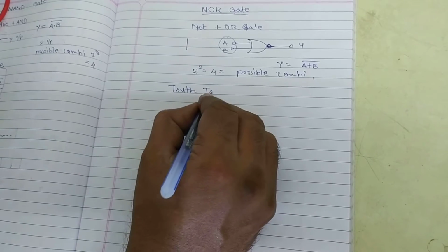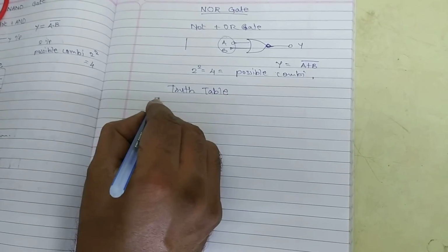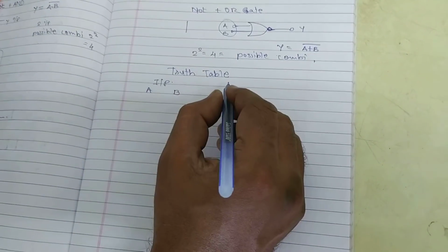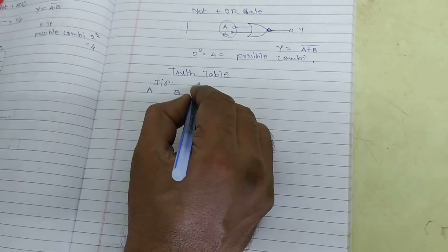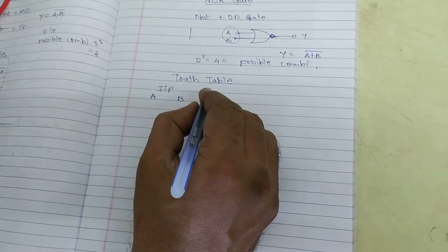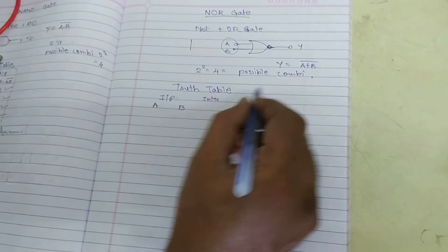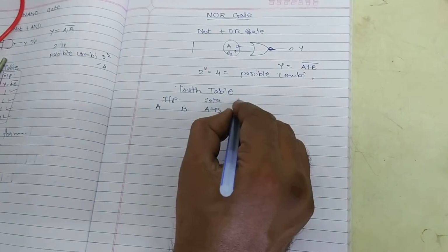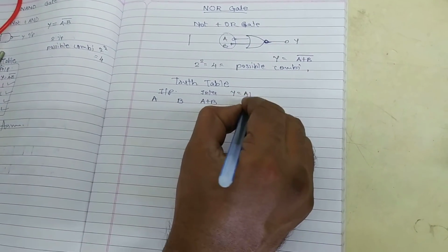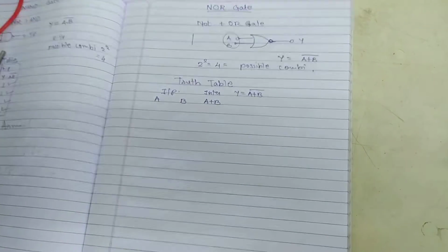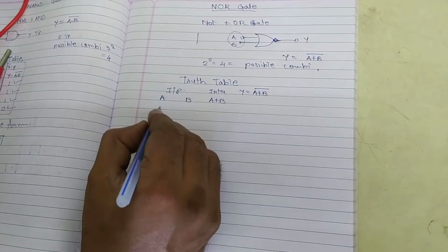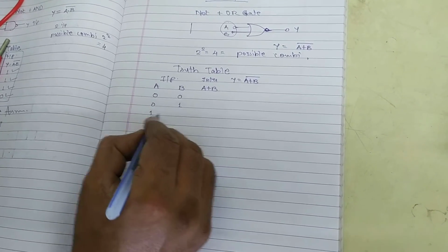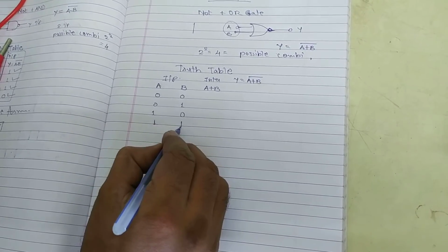So this is truth table, which we have inputs are A and B. I am also writing some intermediate output, that is A or B. Okay, and final output y is equal to (A or B) bar. So these 4 possible combinations are 0 0, 0 1, 1 0 and 1 1.